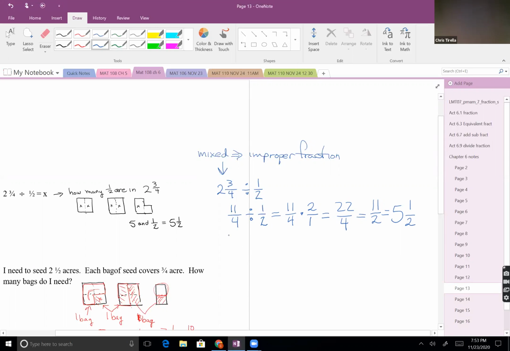And so using this algorithm for dividing fractions to multiply by the reciprocal takes us to the same place as seeing how many half a square we can fit into 2 3/4 squares.